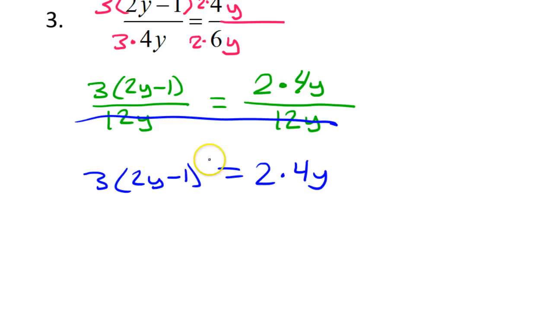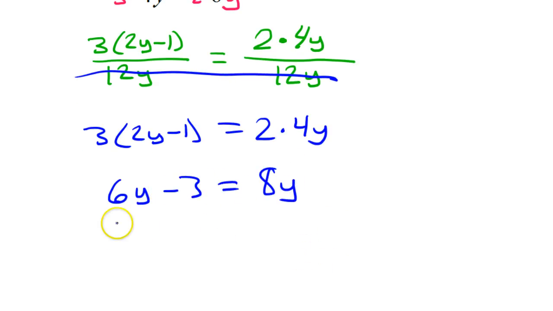Now I'm going to do the distributive property, so this is going to be 6y minus 3 is equal to 8y. I think I will subtract 6y from both sides. So that'll give me -3 is equal to 2y.